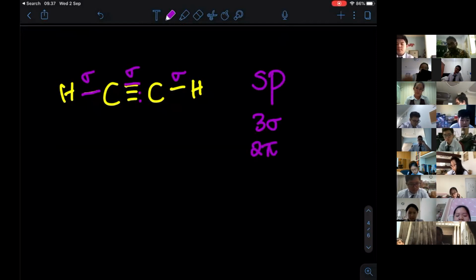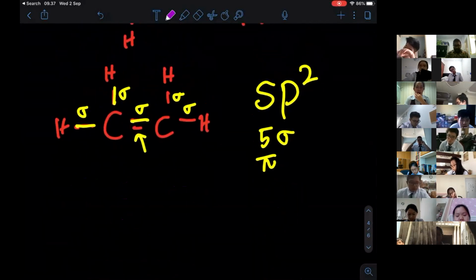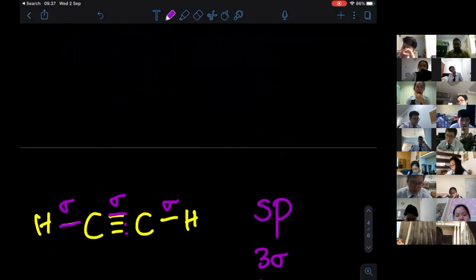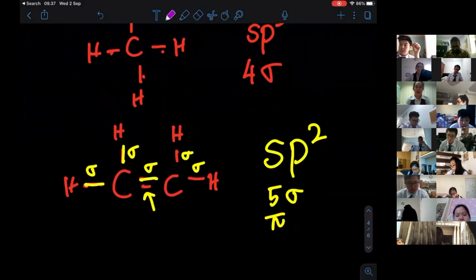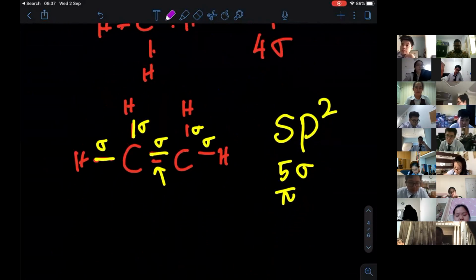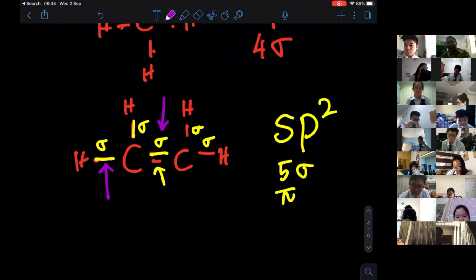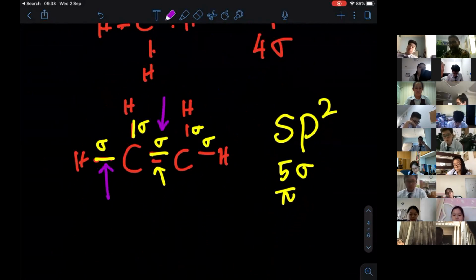Now, if I ask some additional questions, for example, is the sigma bond over here the same as the sigma bond over here? There is a slight difference. What is the difference? One is carbon with hydrogen. Another one is carbon with carbon.